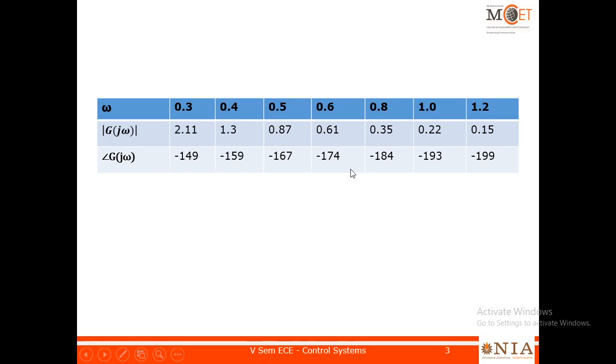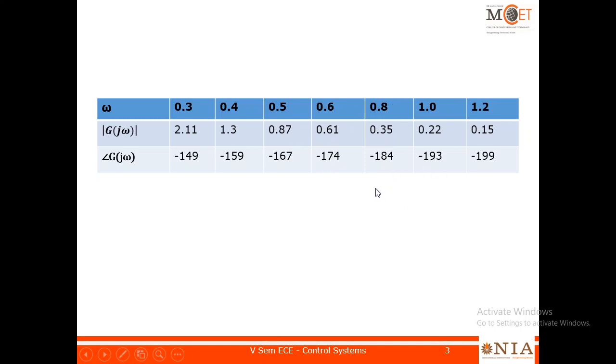And in the phase values also, minus 180 degrees is crossed. You can see that between minus 174 and minus 184, minus 180 will be covered. Since in the magnitude table 1 is covered and in the phase minus 180 degrees is covered, I have stopped with this computation.